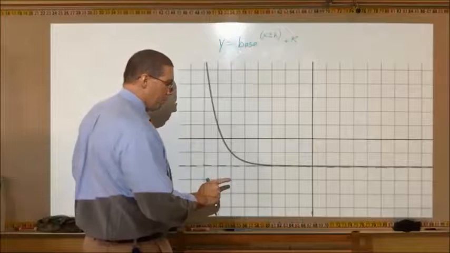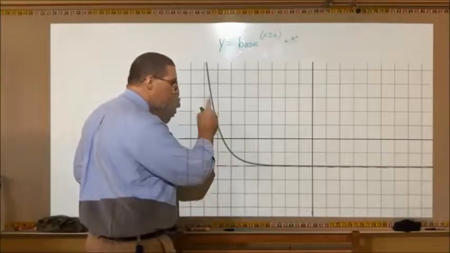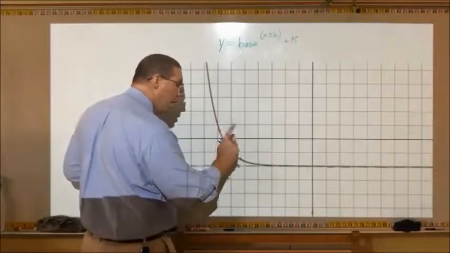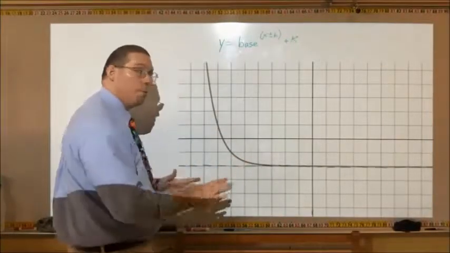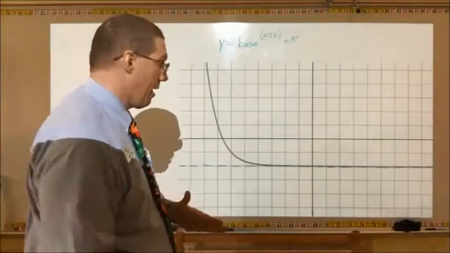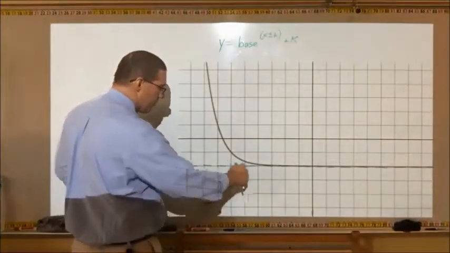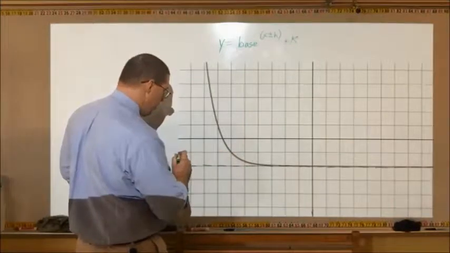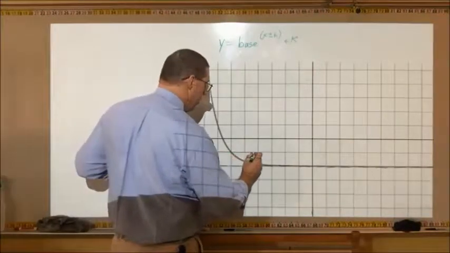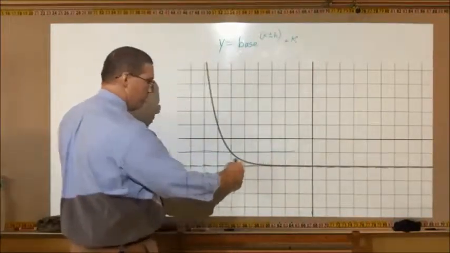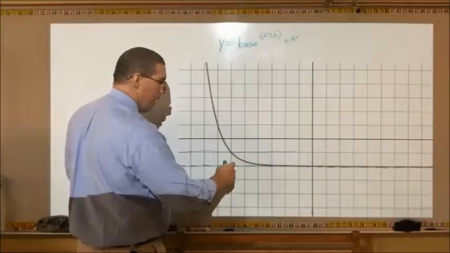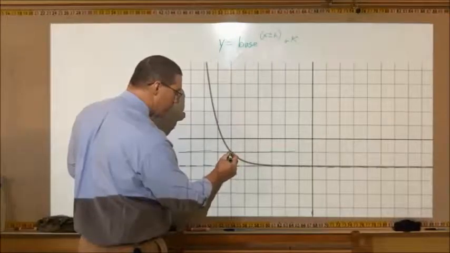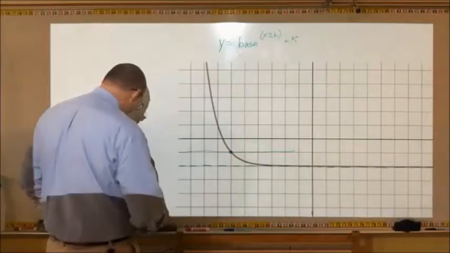One of them is where the graph intersects the line that is one unit away from the asymptote but parallel to the asymptote. So, here's the asymptote. If I go one unit up, this line is one unit away but parallel to the asymptote. And where does that line cross over the graph? Well, it crosses right here. And so that is the point that is important to me.